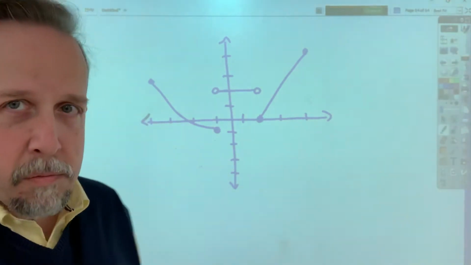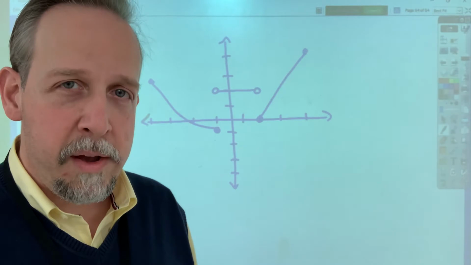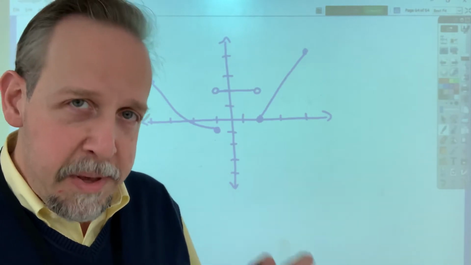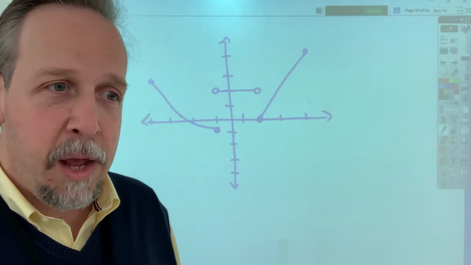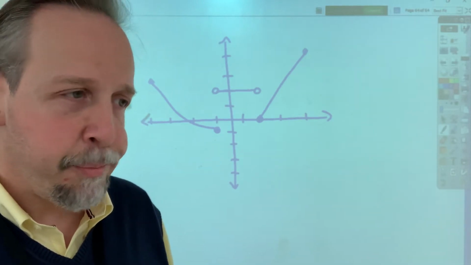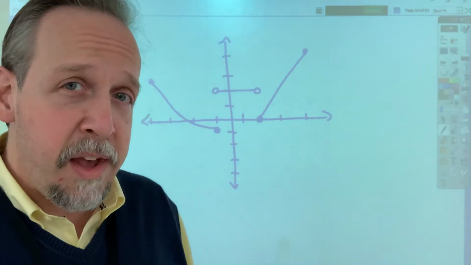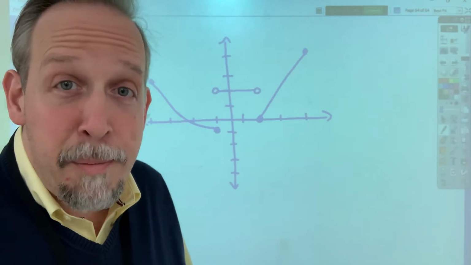Now, this is obviously not your typical graph. It's called a piecewise function. A piecewise function is basically chopped up into pieces, and we have to understand what's happening on each interval within the piecewise function. All this to say, all I want you to do right now is tell me where it's increasing and decreasing and remaining constant.